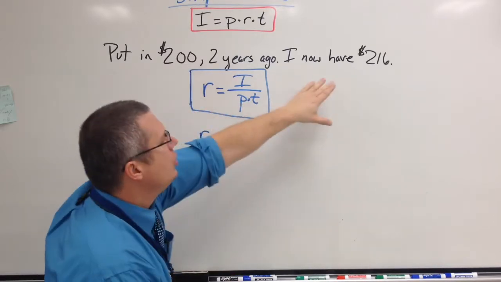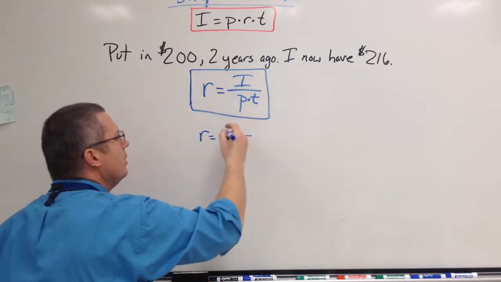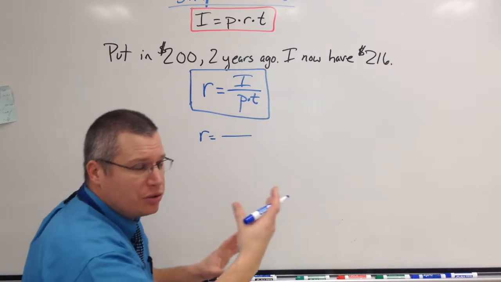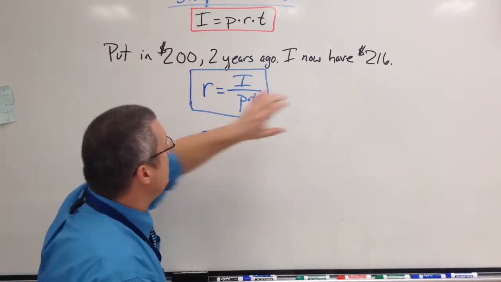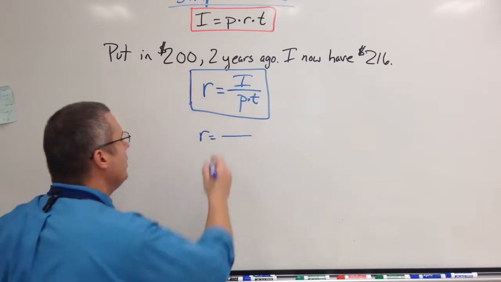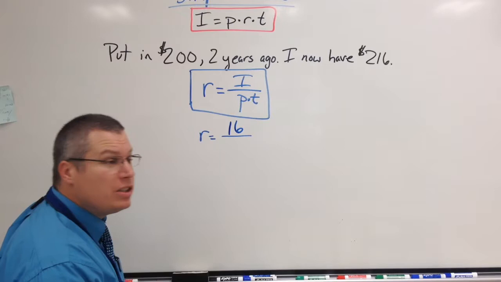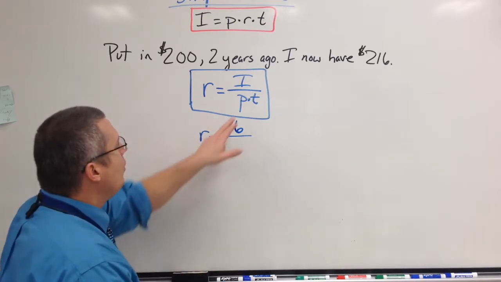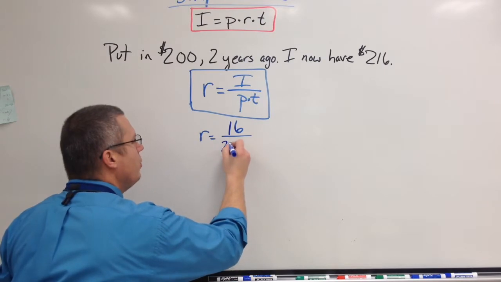Oh, $216. So that must be my interest. I'm sorry, I didn't earn extra $216, I earned an extra $16. So $216, take away the original $200, I earned an extra of $16. Must be my interest. On the bottom, I need my principal. Principal was my starting amount, which is $200.